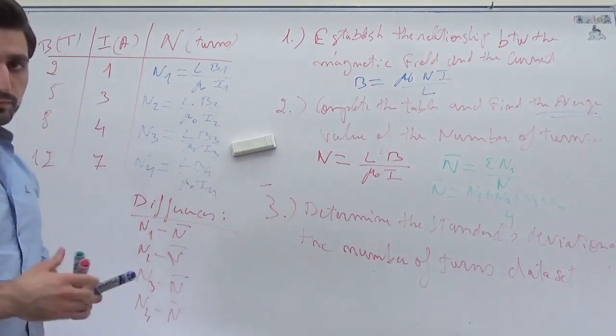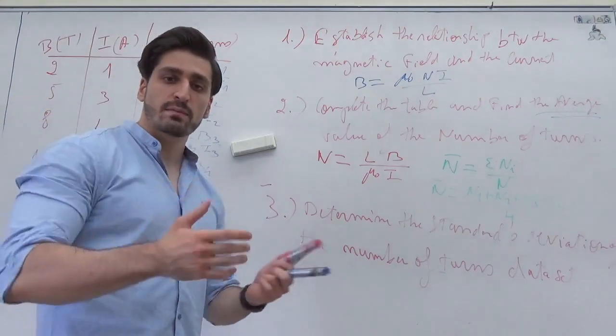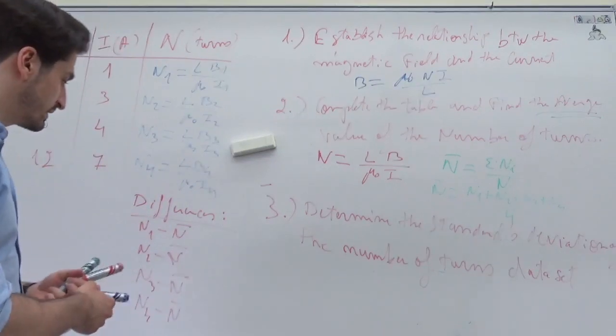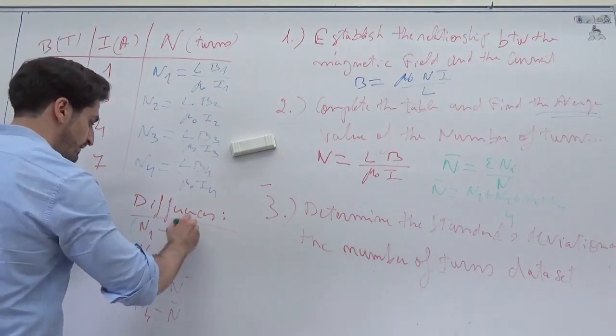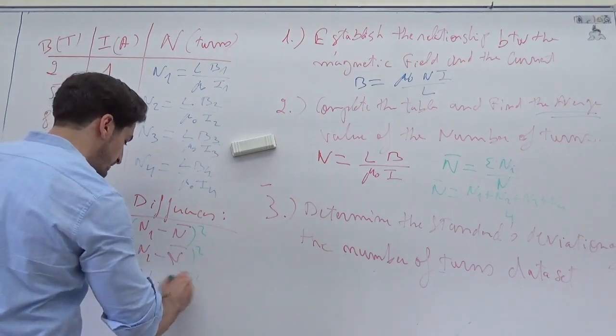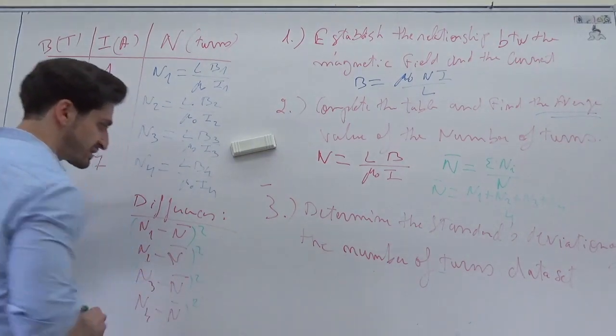But if you remember, we have to get rid of any minus sign that we might obtain in those differences. So in that case, we are going to be directly squaring each difference. So over here, we are going to take the first difference squared, then the second difference squared, then the third one squared, and the fourth one squared.